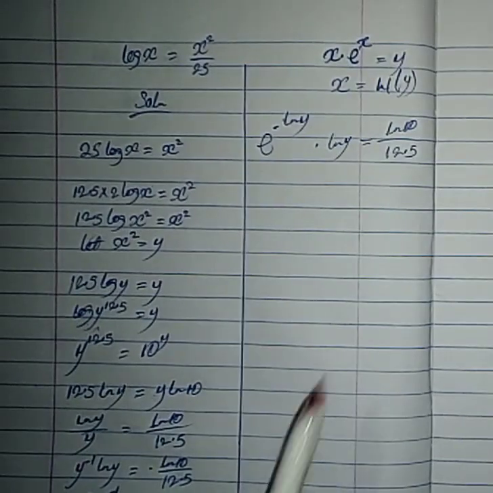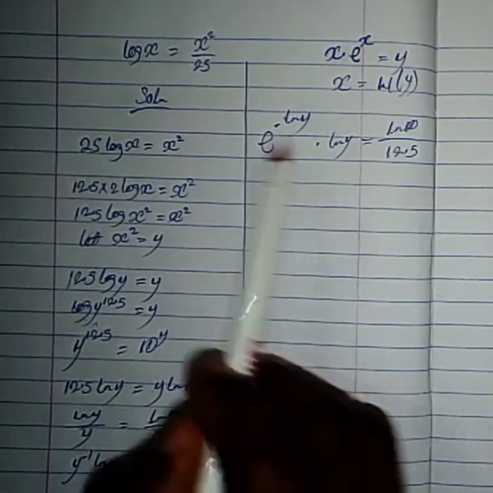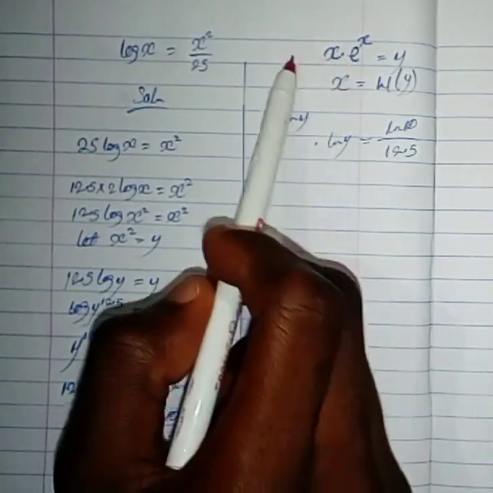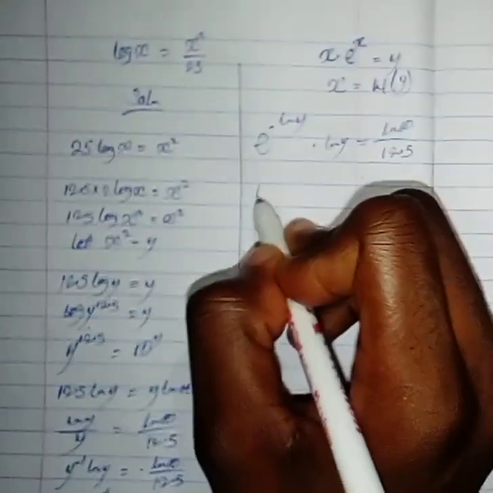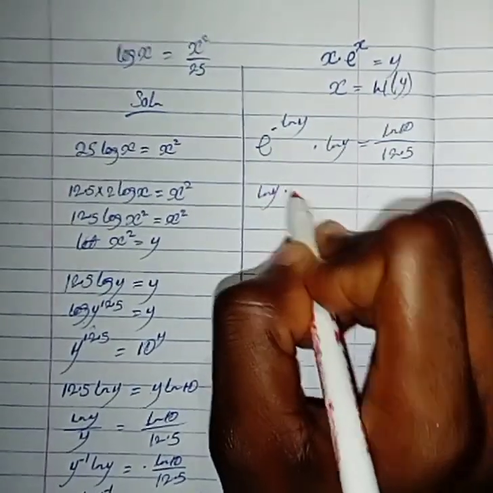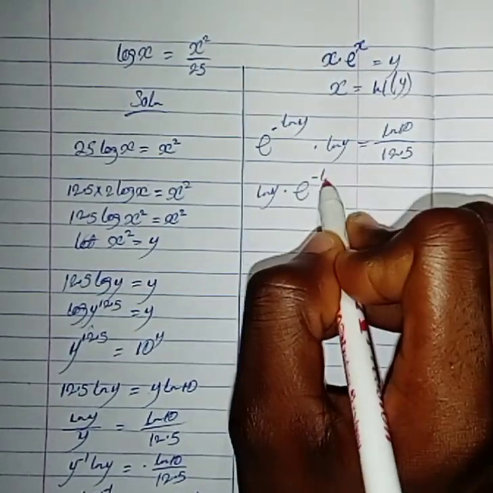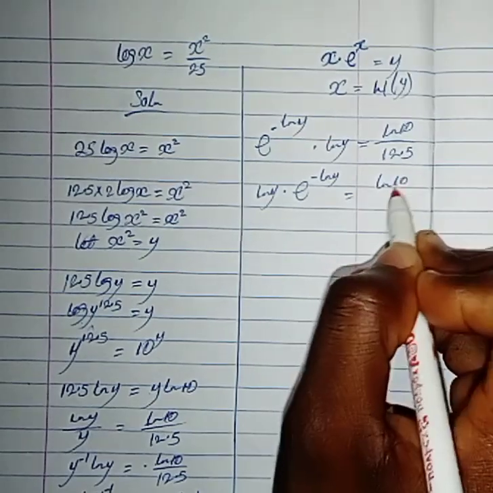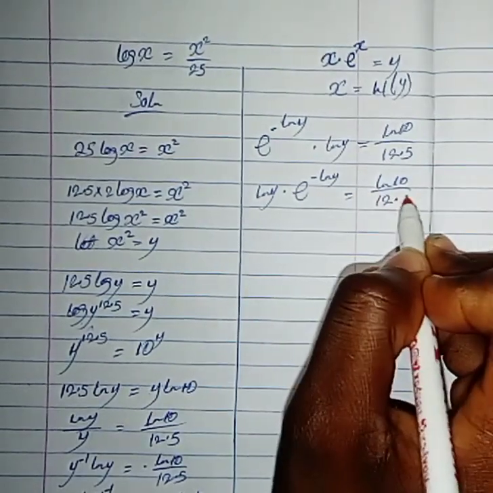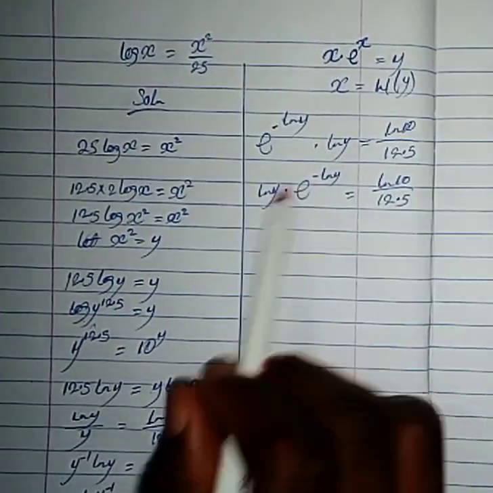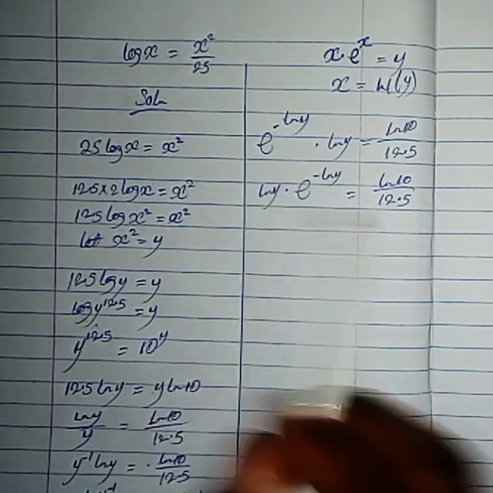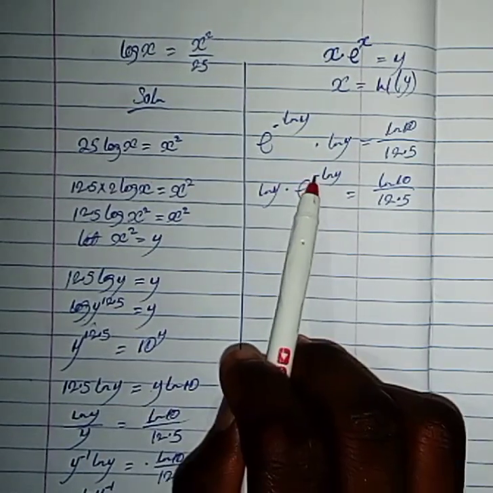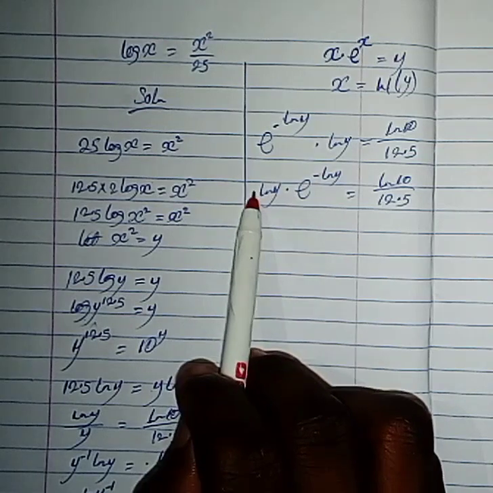So now I want this to be here just as x is at the back of this one. So I say ln y times e raised to the power of negative ln y equals ln 10 over 12.5. If you look closely, they are almost the same right now, but this has a negative and this does not have.